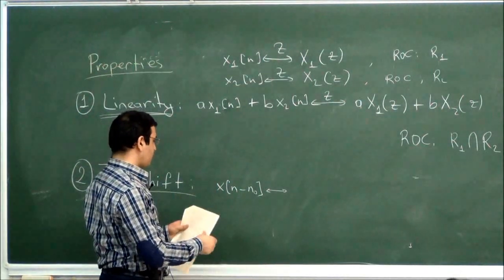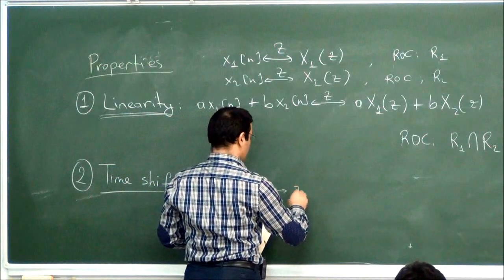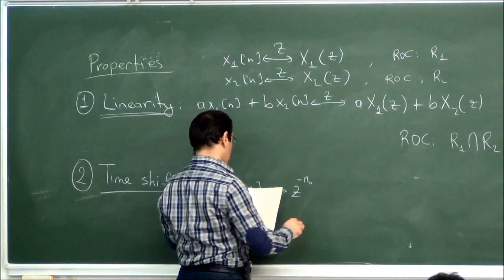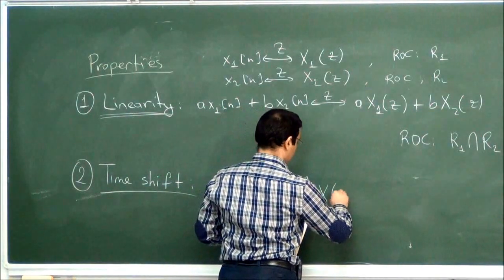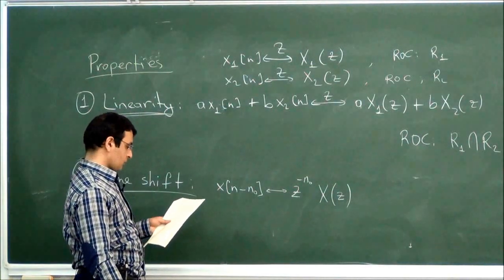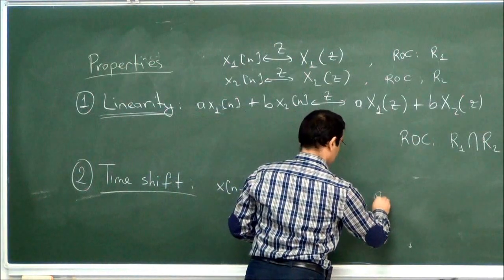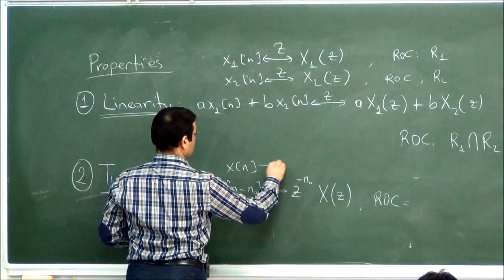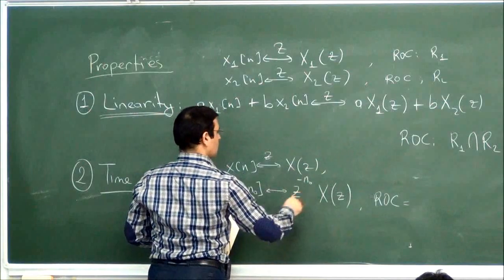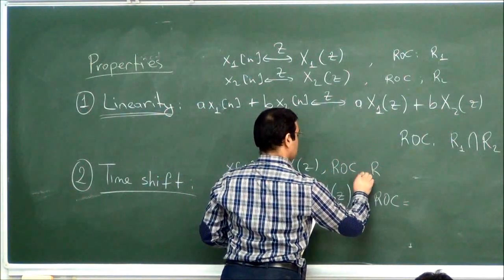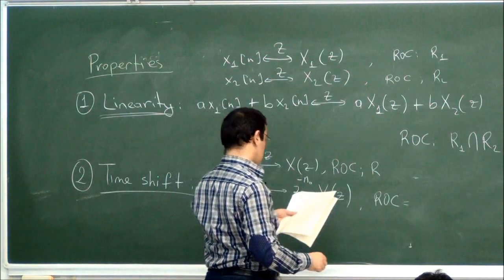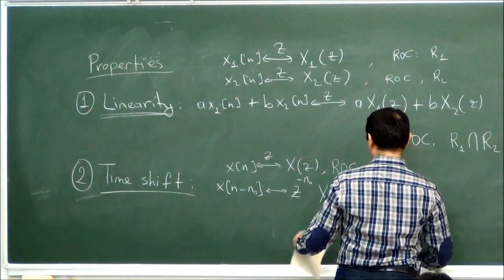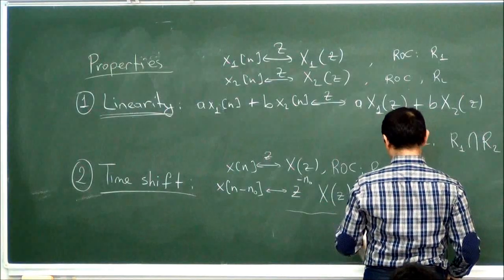If your sequence is time shifted by n0, the Z transform of this is z to the minus n0 times X(z).